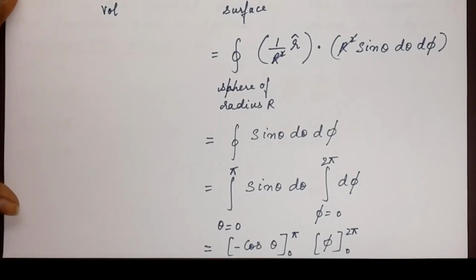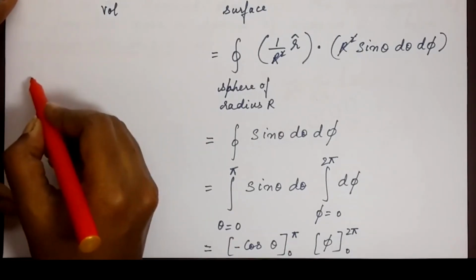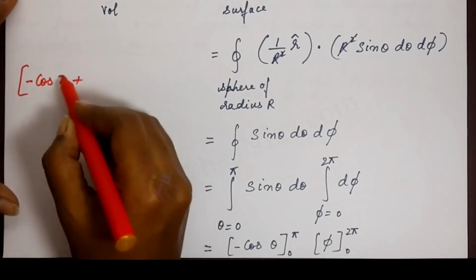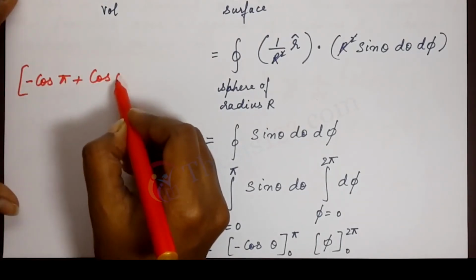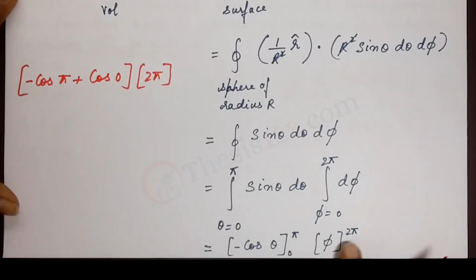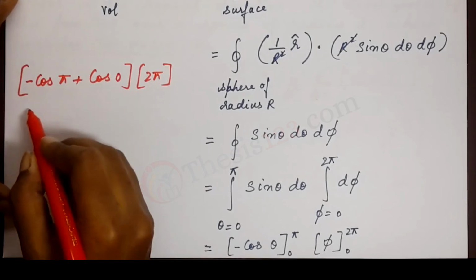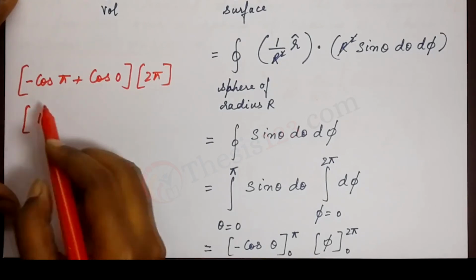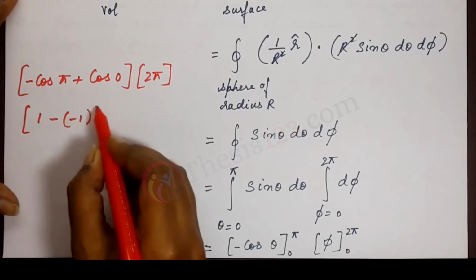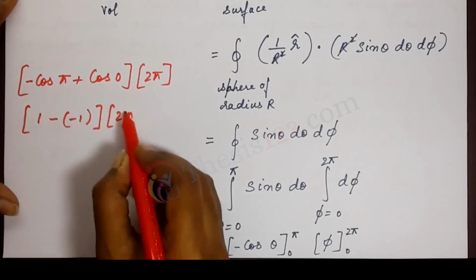Now minus cos theta from 0 to pi, if we substitute the limits, we get minus cos pi plus cos of 0 times 2 pi. This is 2 pi. Now this would be 1 minus cos of pi, which is 1 minus of minus 1, into 2 pi.